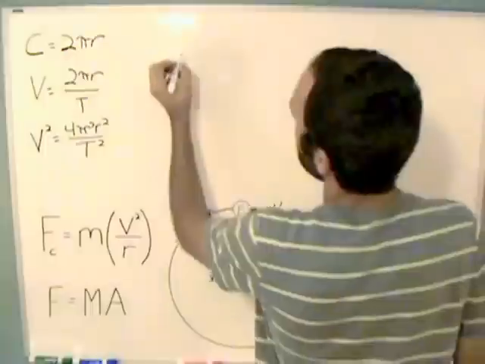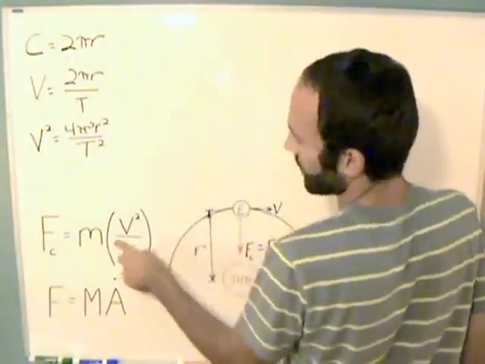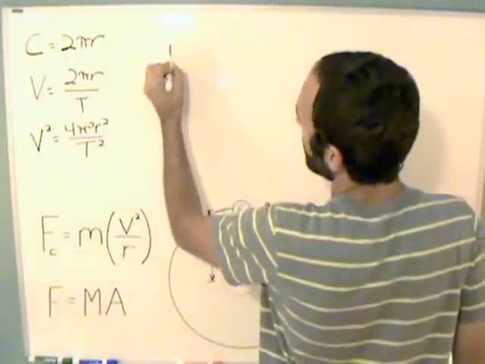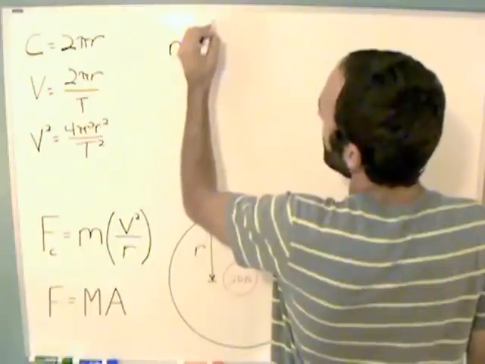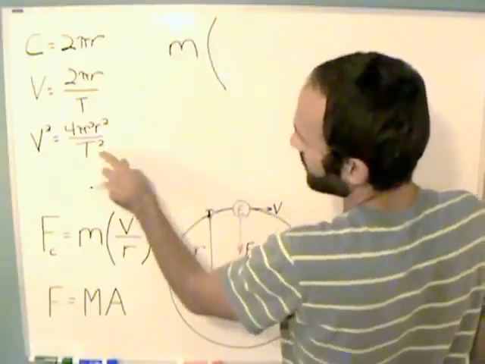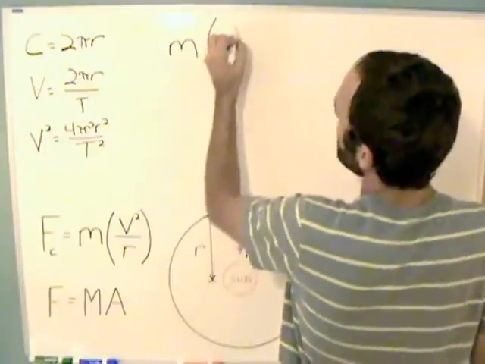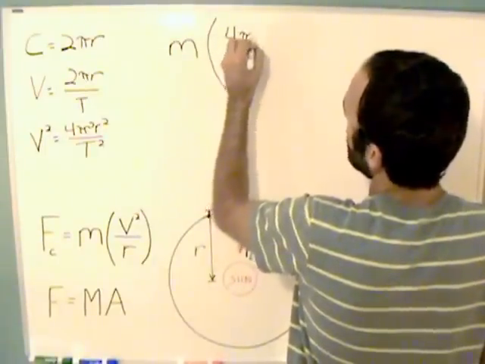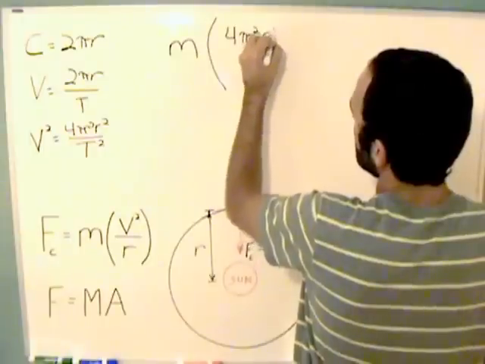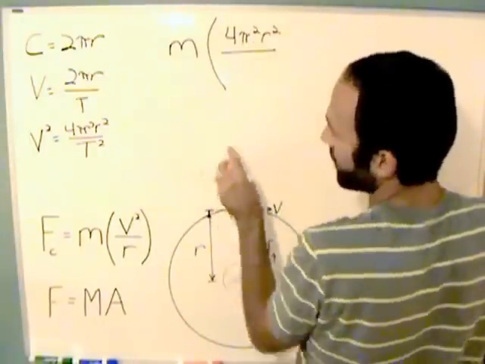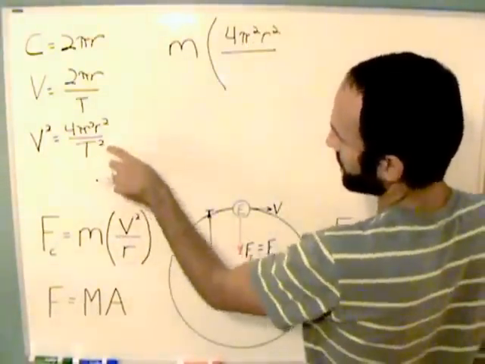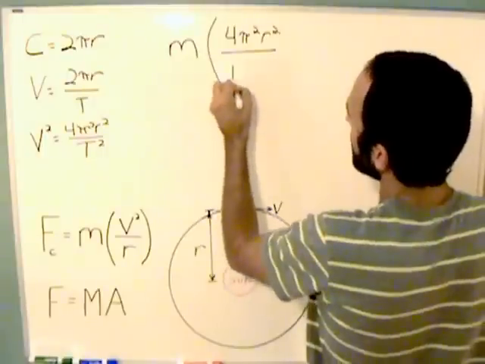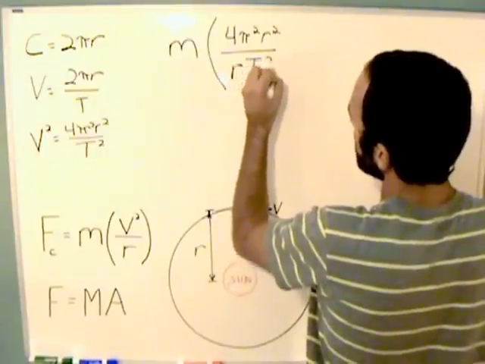Going back to that original equation, we can write the centripetal force equation with that relationship. We can substitute this for V squared, and that gives you 4 pi squared times r squared over r, because r was still on the bottom, and the T squared comes down here, over r times the period squared.